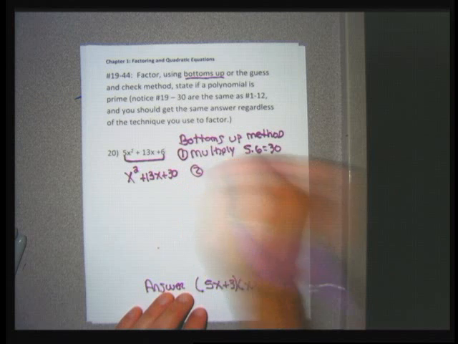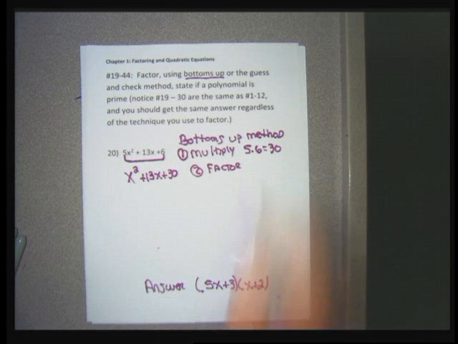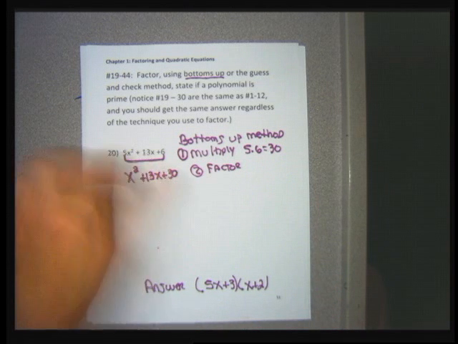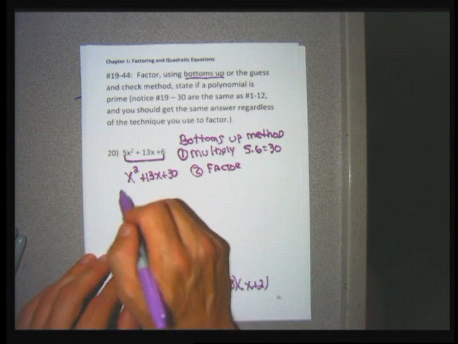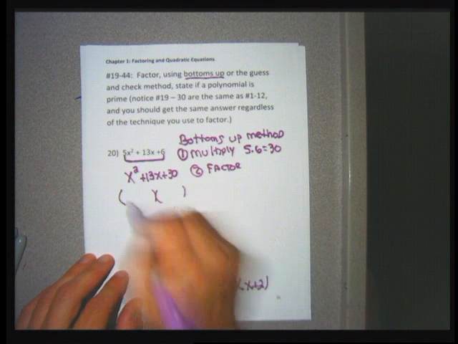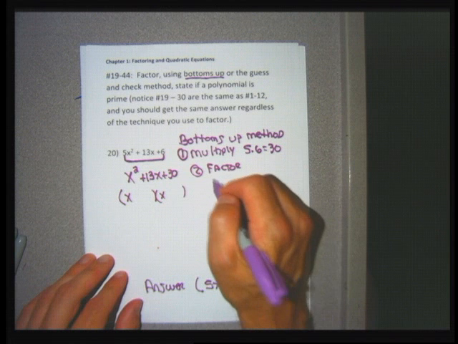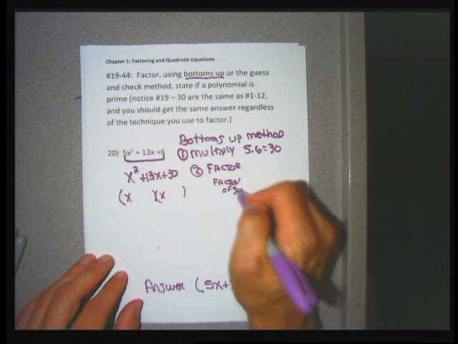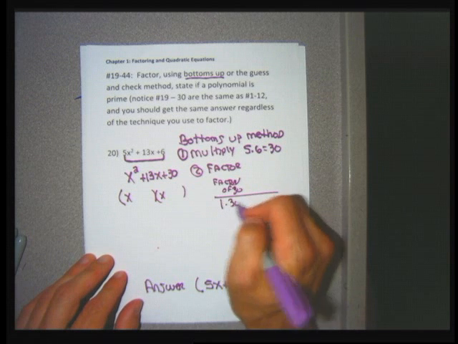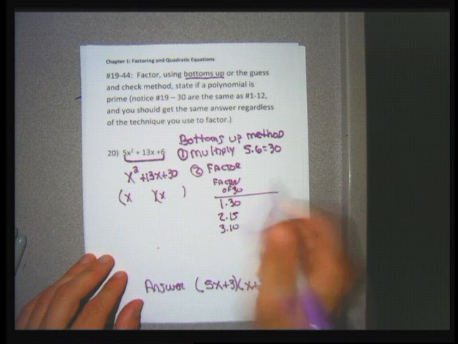Second step, I'm going to factor what's sitting in front of me. So I stole the number from the first term, incorporated it into the 30 in the last term. Now I'm going to factor this. I know my firsts have to be a couple of x's, and my lasts have to multiply to be 30. So I'm going to write factors of 30, which are 1 and 30, 2 and 15, 3 and 10.